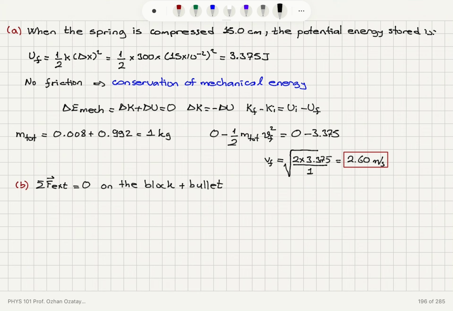The bullet is embedded in the block system during impact. Okay, so this is basically a perfectly inelastic collision.